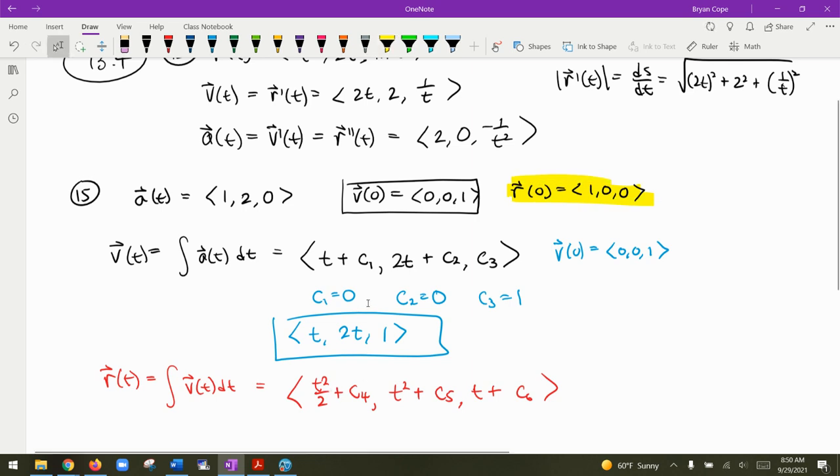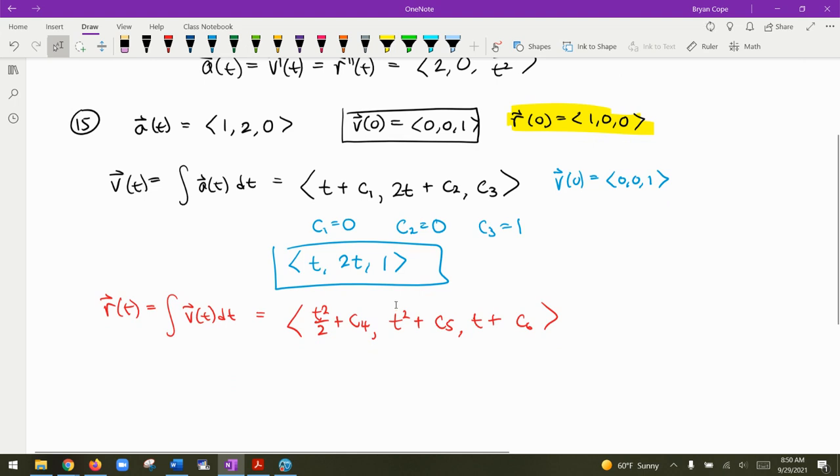So when t is 0, we want the first component to be 1. That means that c4 must be 1. And when t is 0, we want the second component to be 0, so c5 must be 0. Similarly for c6. So our position vector is t squared over 2 plus 1, t squared, and t.